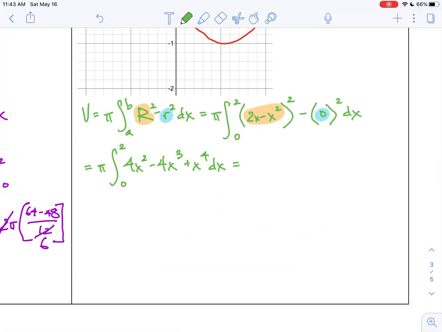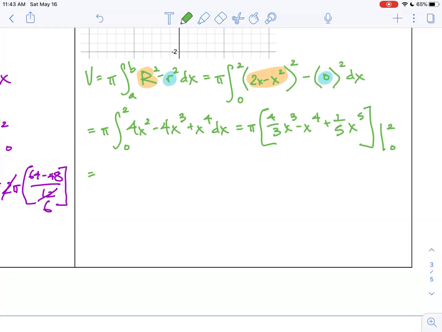All right, and it looks like we're ready to integrate. So pi times 4/3 x cubed minus x to the 4th plus 1/5 x to the 5th. I'm going to plug in 2, and I'm going to plug in 0.